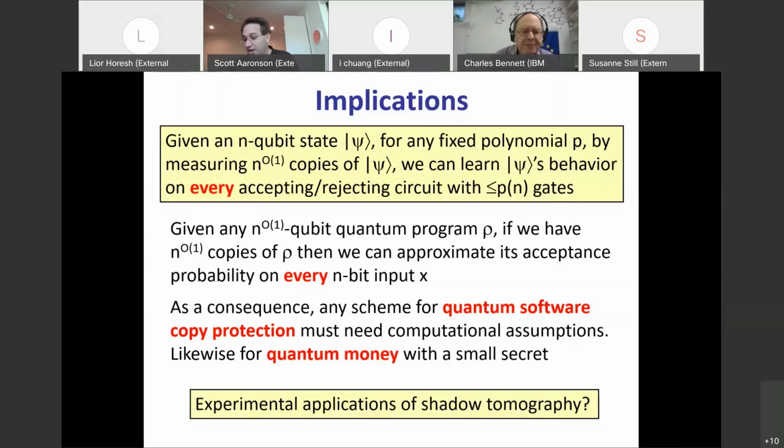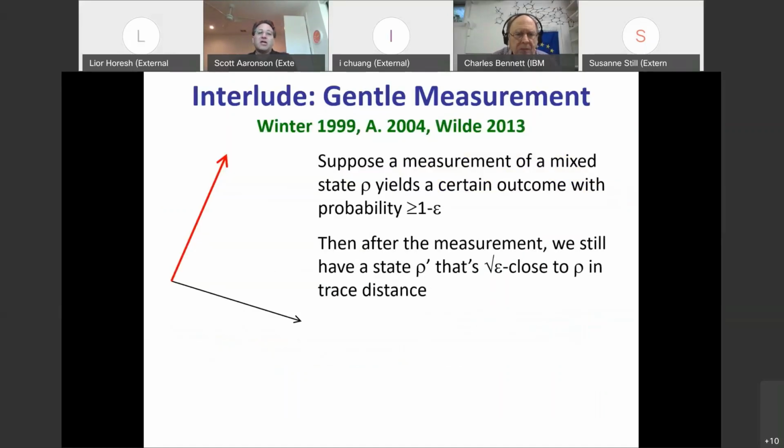Now I would love to know if there are experimental applications of shadow tomography, and we'll come back to that toward the end. But making this more practical toward possible experimental realizations.